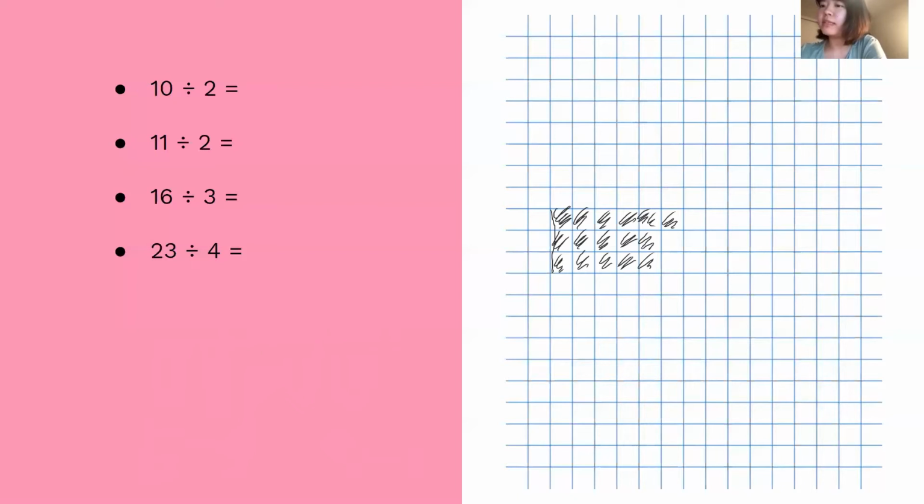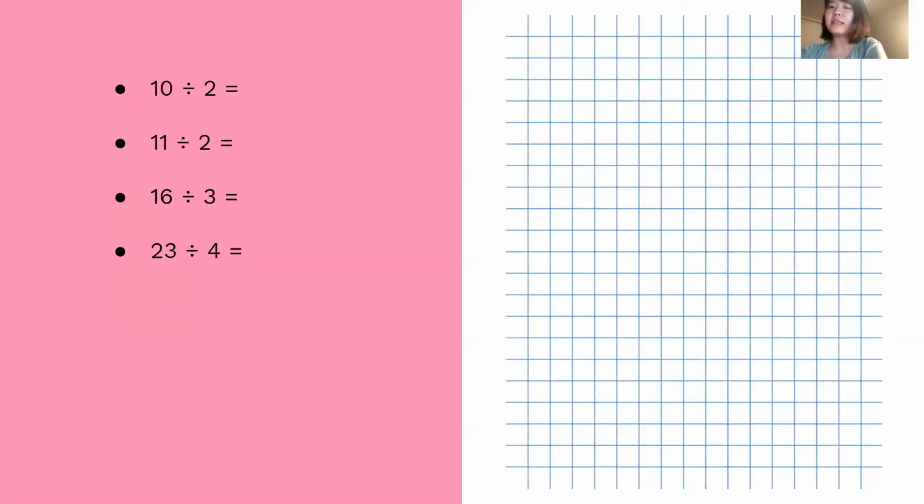And we can see we have a rectangle right here. And for this rectangle, the width is 3 and the length is 5. And we have this extra square right here. We have only one square. So the length is the quotient, the quotient equals 5. And our remainder is 1. So 16 divided by 3 equals 5, remainder 1.